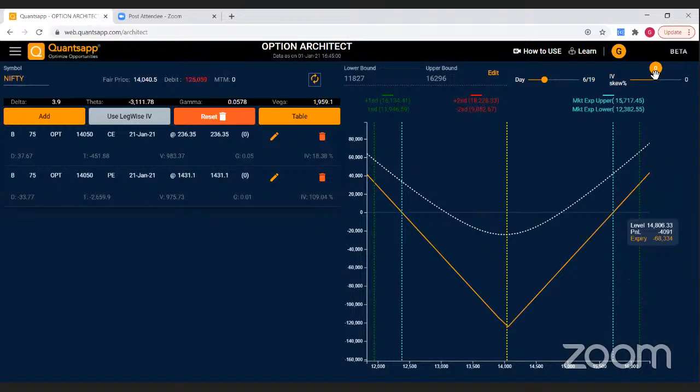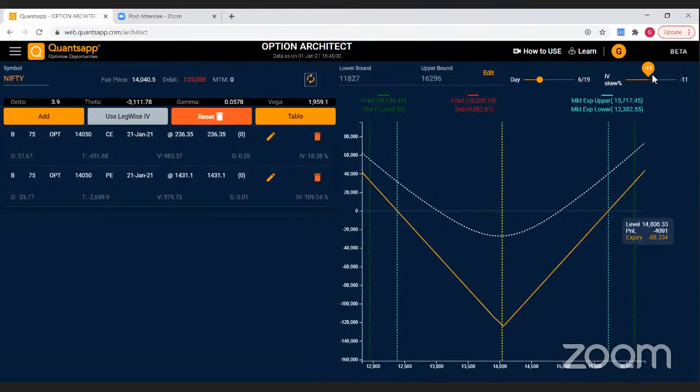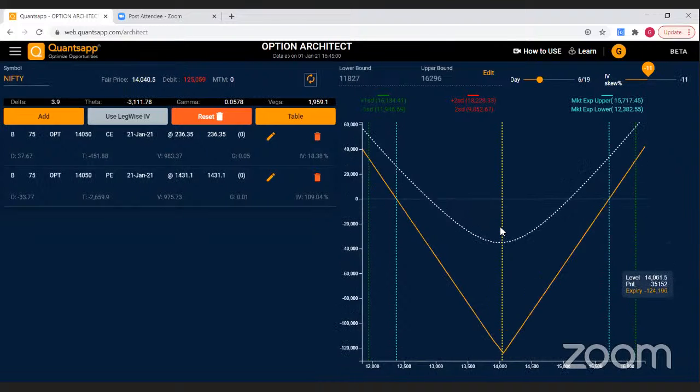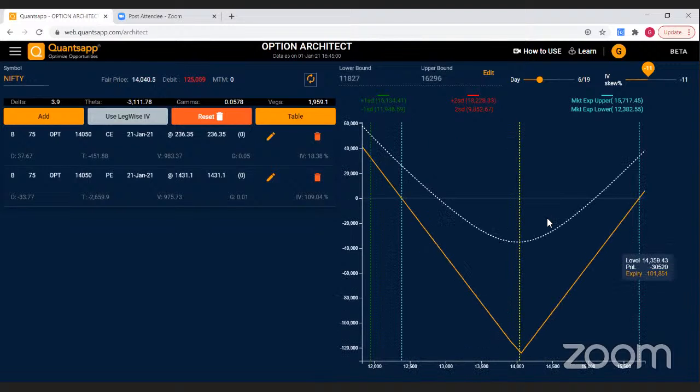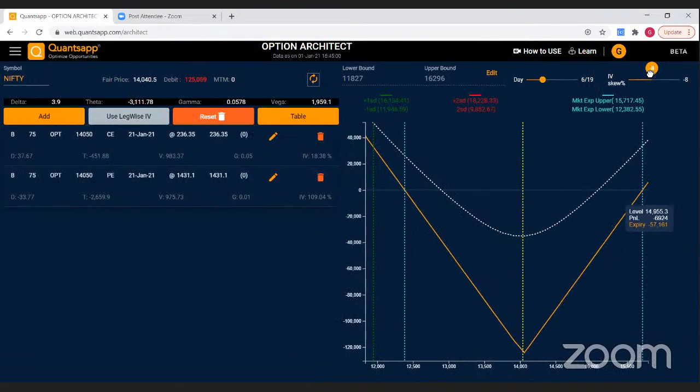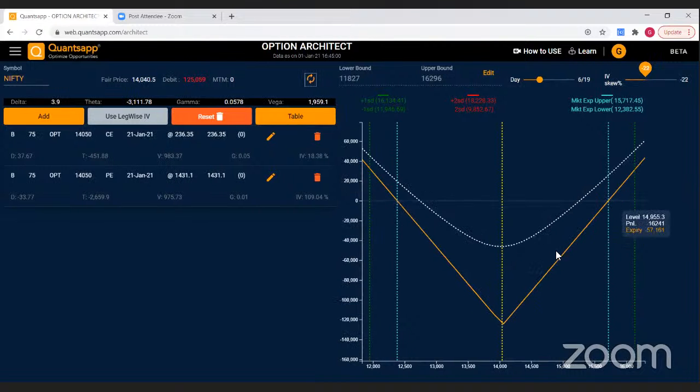If I say that on the sixth day volatility fell by 11%, now you can see there was a slightly marginal dip on this side. When I say that volatility decreased by 22%, now you can see the dip is getting more and more. Why?